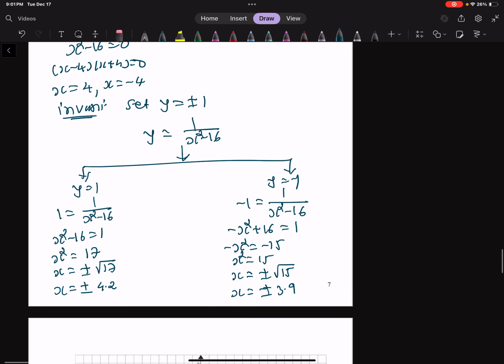So here we have 4 invariant points: 4.2 and positive 1, negative 4.2 and positive 1, then 3.9 and negative 1, negative 3.9 and negative 1.